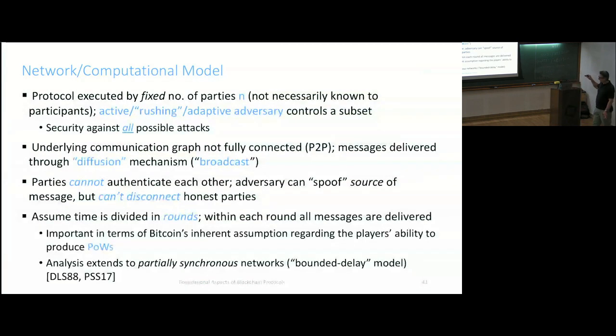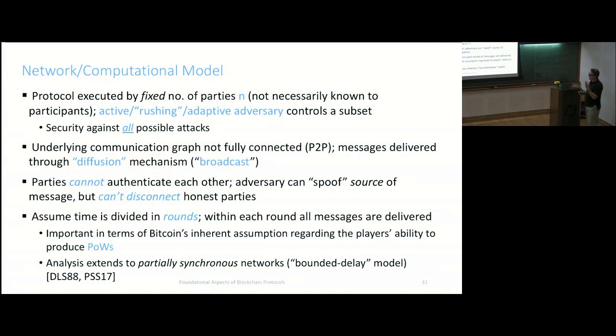And in this first abstraction, we assume that time is divided into rounds, where in each round, all messages sent in that round are delivered. You can think of a round as something like 10 seconds, where all the messages get delivered, and during those 10 seconds, you do some computation on stuff you receive, and then you send it again, and a new round starts.